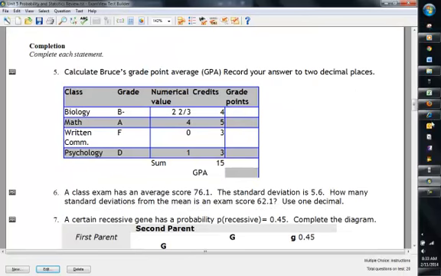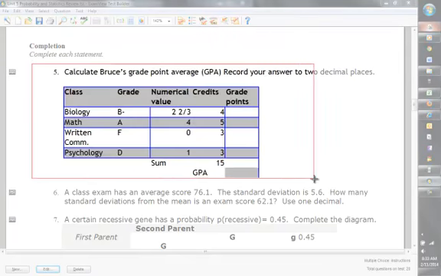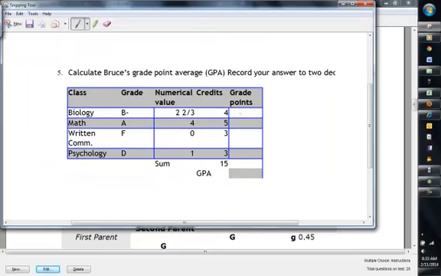Calculate the GPA. Okay. So you take 2 2/3 times 4 is 4 4/3, or 5 1/3. 4 times 5 is 20. No, 2 2/3 times 4 is 8 8/3. 8 8/3 is 10 2/3. This one's easy because it's 0. This one is 3 times 1 is 3.